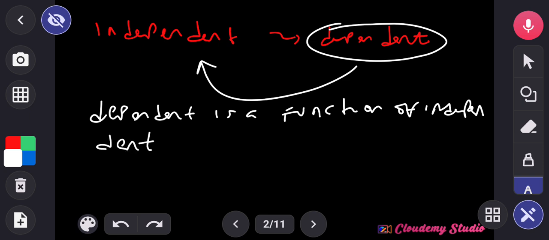You understand? So we are now going to represent this mathematically. What is the mathematical symbol that we use for denoting the dependent variable? That is y.